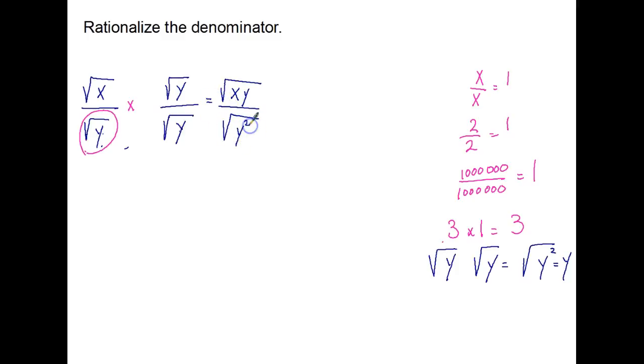Because again, we're dealing only with square roots, so we can combine everything under the root. So this is equal to the square root of xy divided by just y. Because y squared under the square root is just y. This is equal to y squared all to the power half. Half of 2 is just a 1.